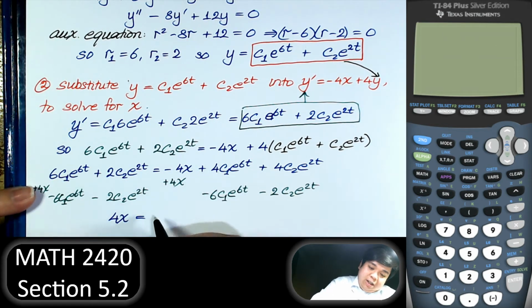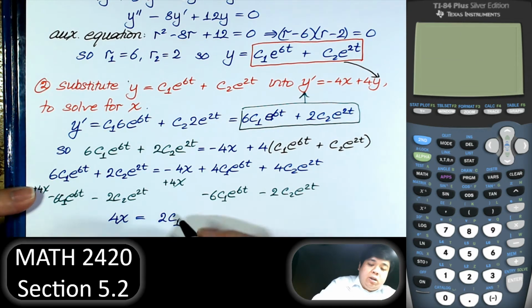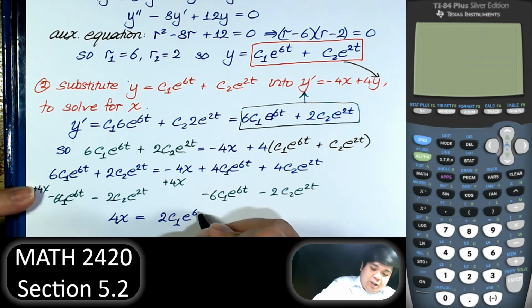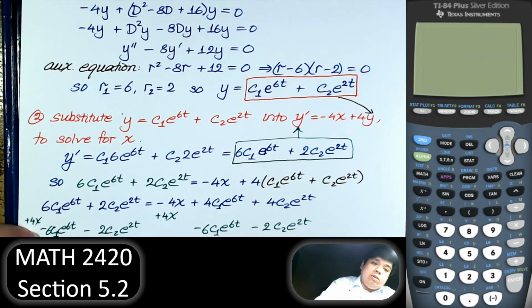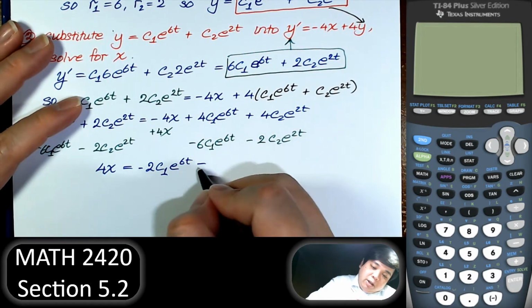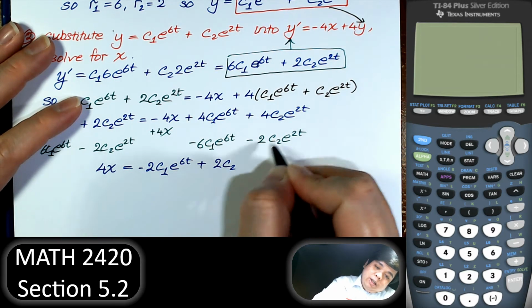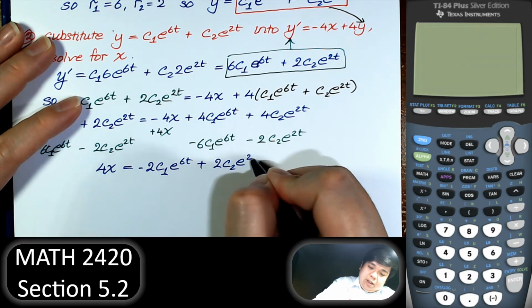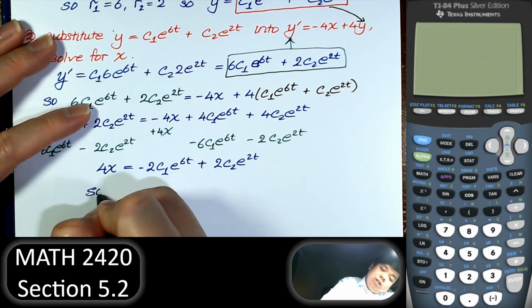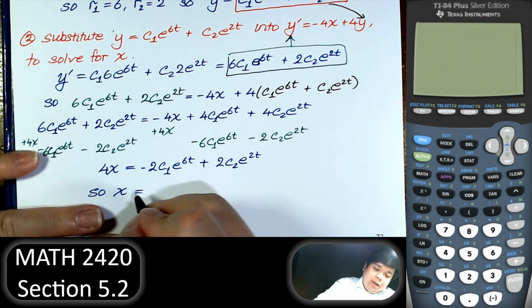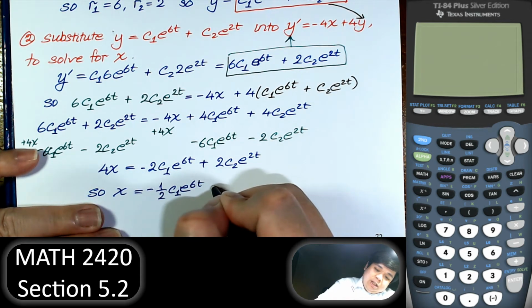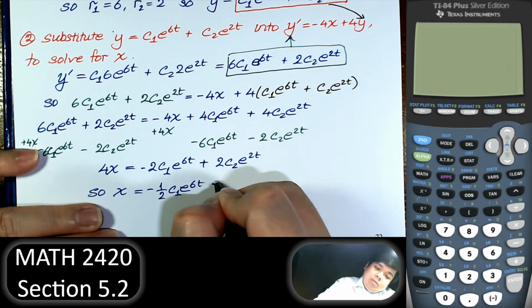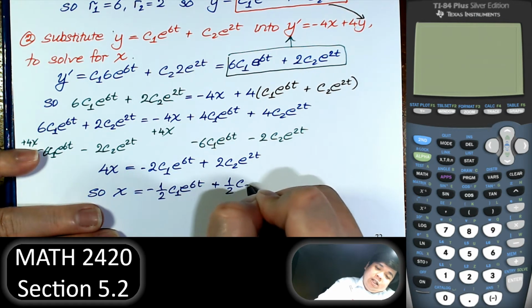That cancels out, and that gives us 2c1 e to the 6t, wait, that is minus 2c1 e to the 6t, and then we have plus 2c2 e to the 2t. Divide everything by 4, so x equal to negative 1/2 c1 e to the 6t divided by 4, so plus 1/2 c2 e to the 2t.